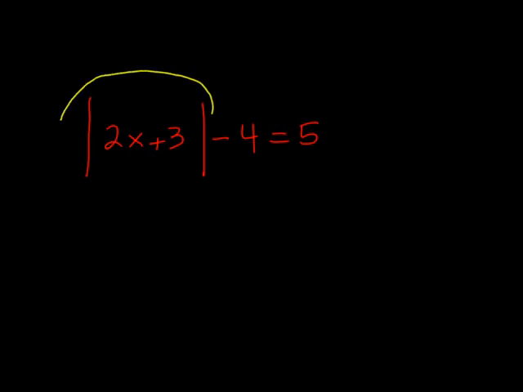What we're going to do is we're going to take something like this. We're going to say absolute value of 2x plus 3, minus 4 equals 5. Now what we want to do is isolate this entire absolute value expression right here. So what we want to do then is get rid of this negative 4.